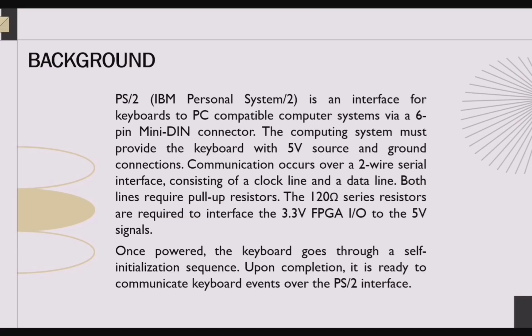Both lines require pull-up resistors. The 120 ohm series resistors are required to interface the 3.3 volt FPGA I/O to the 5 volt signals. Once powered, the keyboard goes through a self-initialization sequence. Upon completion, it is ready to communicate keyboard events over the PS2 interface.